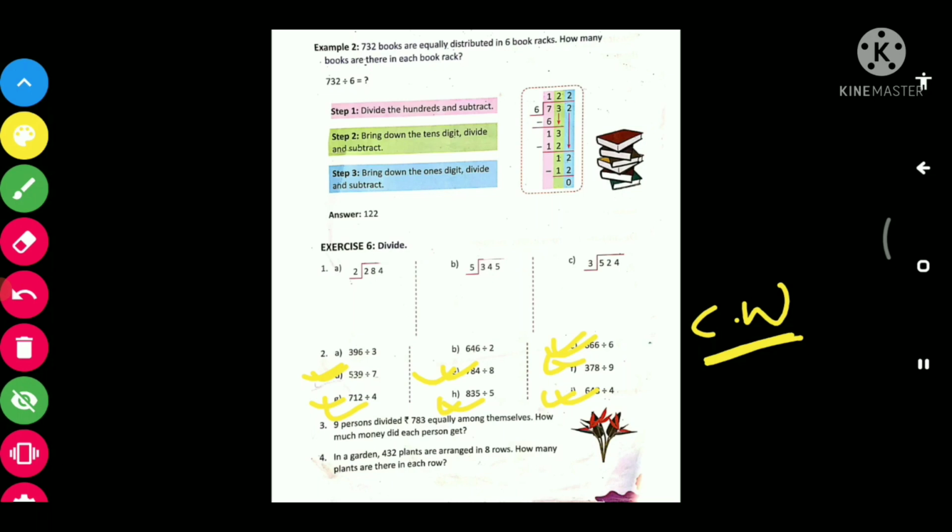If the 100 place value is smaller than the divisor, then you have to make it bigger, right? So how will you make it bigger? You will take the tens place value also. Okay, now after taking the tens place value, the number will be the greater one. Okay, and if the number is the greater one, you can divide that one. Okay.